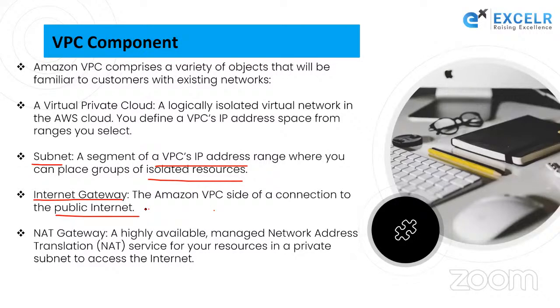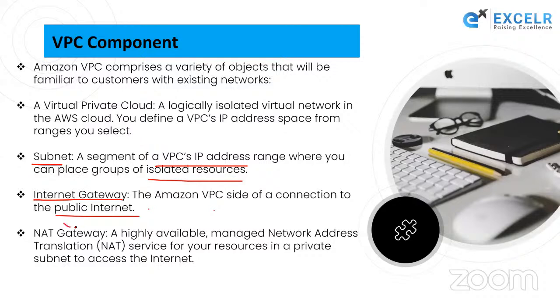Any machine which has connectivity to the internet via the Internet Gateway will be part of a public subnet. Remember one thing: a public subnet is called public because it has an internet gateway associated with it, and from there you will be able to connect to the internet.